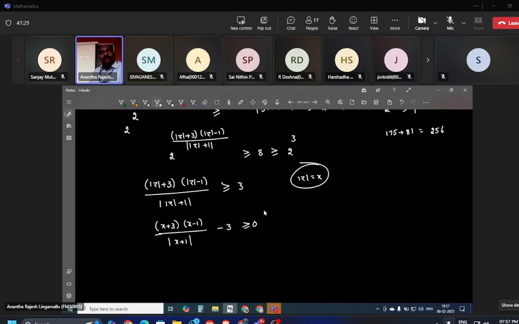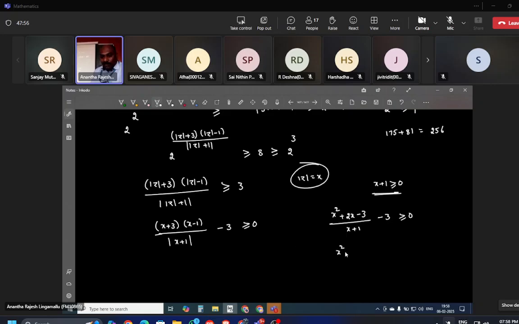So two cases will come: this is positive, this is negative. That means what I can write right here, x plus 1 greater than or equal to 0. Then this inequality becomes under this condition: x square plus 3 plus 2x minus 3 divided by x plus 1 minus 3 greater than or equal to 0.